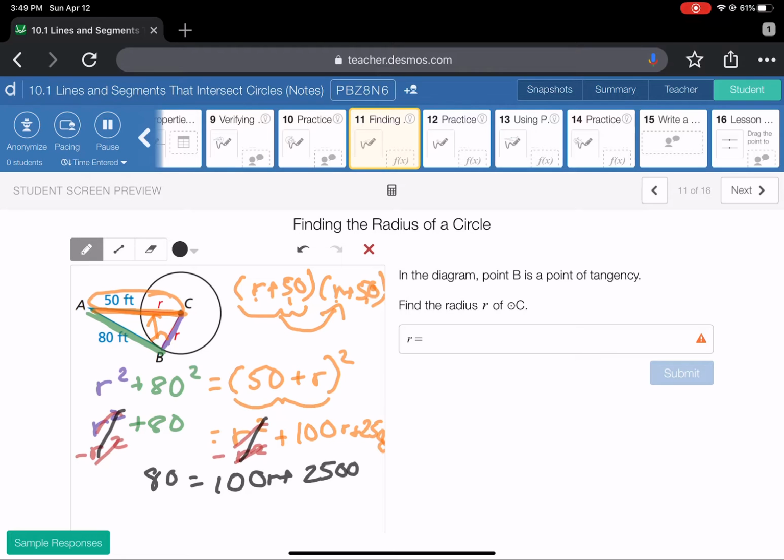From here we want to get the terms on the same side, so we're going to subtract 2,500.